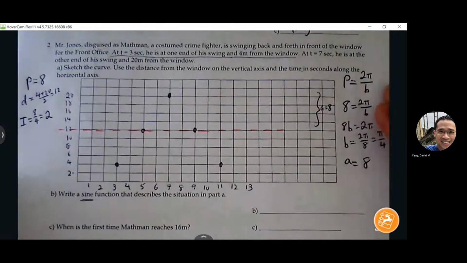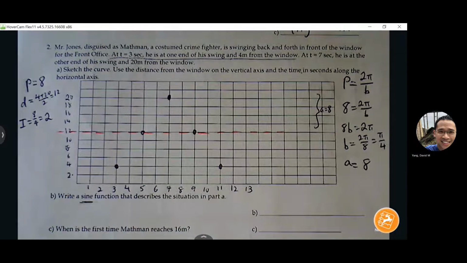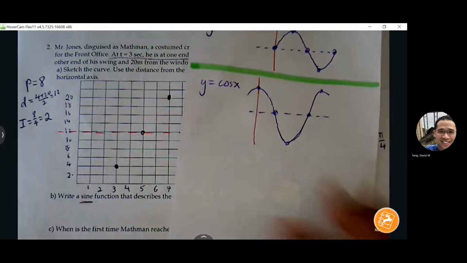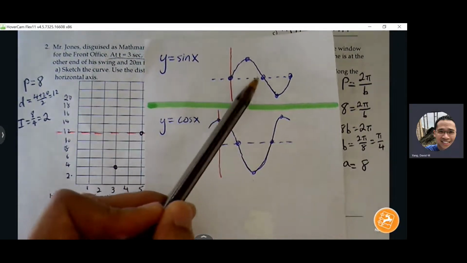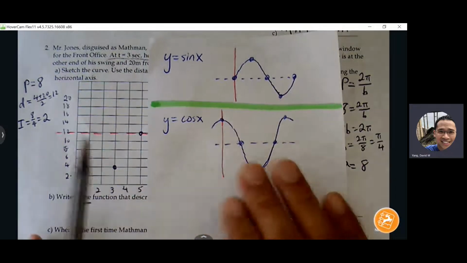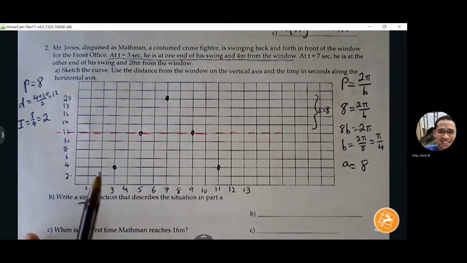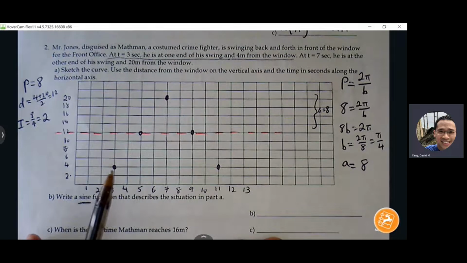Now, normally, the sine graph starts where? Starts at the midline, right? And what does it do? It goes up first, midline down and up. So maybe I can go a little bit backwards here.